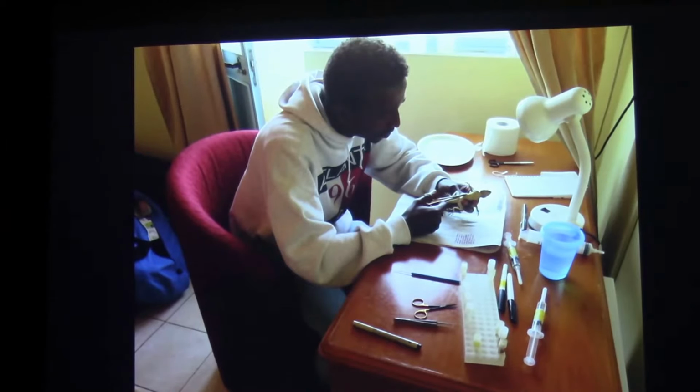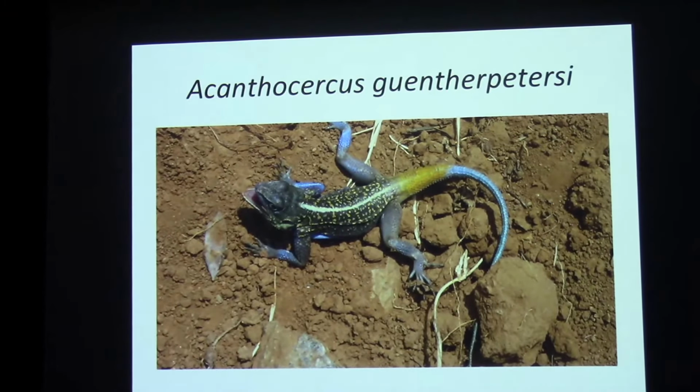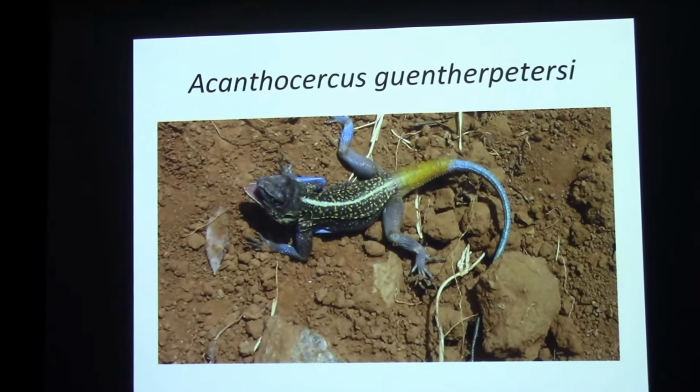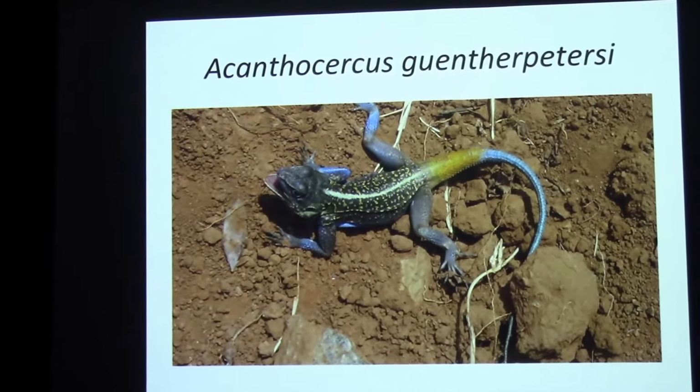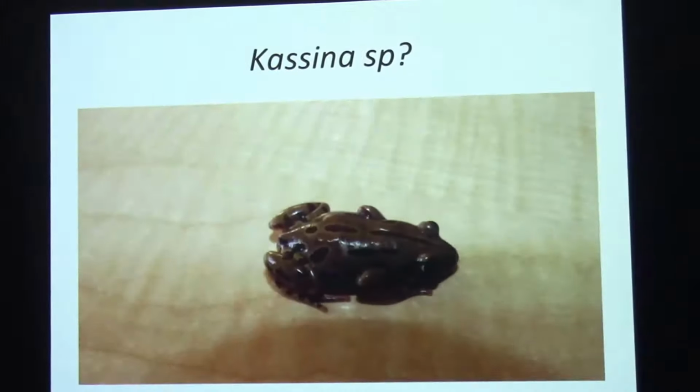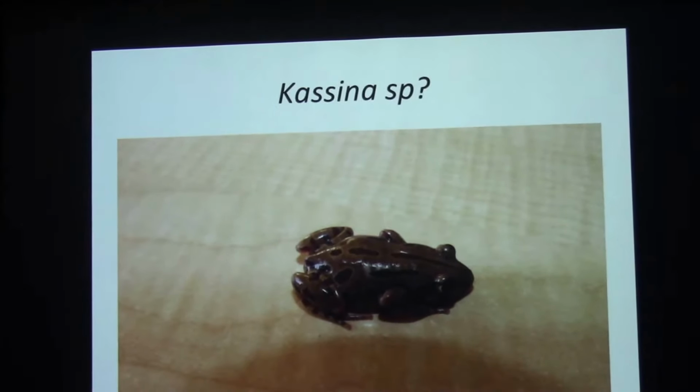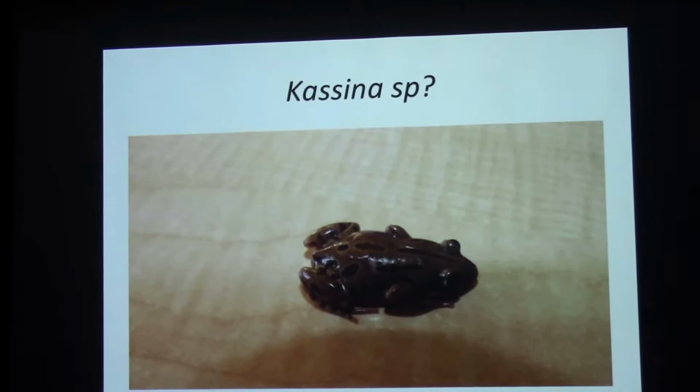I know that already. So here is another beautiful lizard from the Gash-Barka, Acanthocercus guentherpetersi. It was described, I think, within the last decade or so by a German herpetologist. And here is Kassina, a savanna genus that's widespread over Africa.